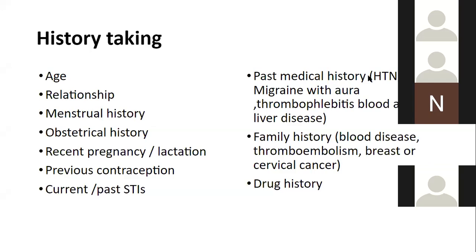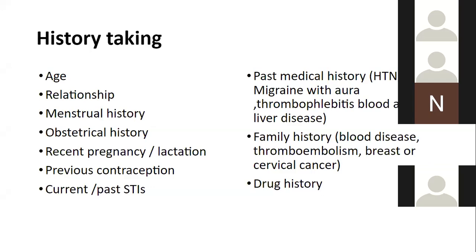And then lastly, drug history is important, because there are certain medications, for example some anti-epileptics, some antivirals, some antibiotics like rifampin, rifampicin, phenytoin, phenobarb.